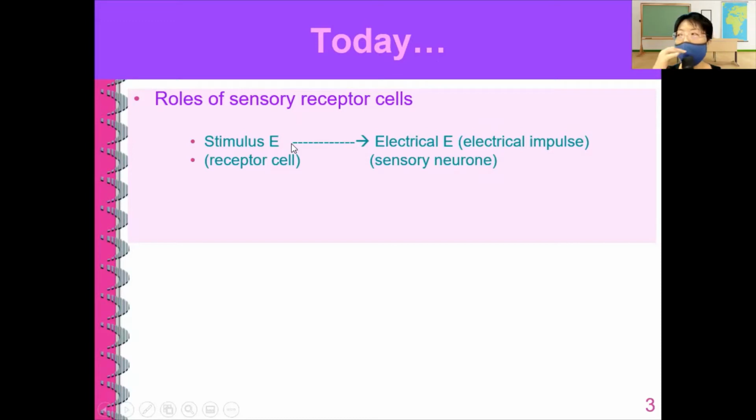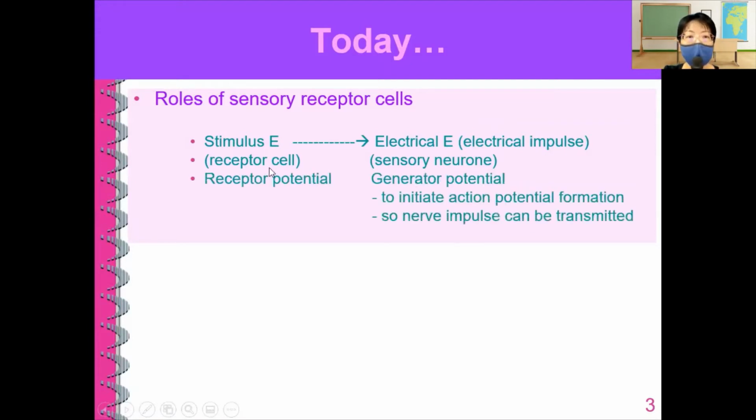The stimulus energy, in whatever form, can be light, sound, taste, smell, touch, pain, heat, pressure, movement. It will be converted to electrical energy in the form of an electrical impulse, because this is the only way a sensory neuron can send the message.